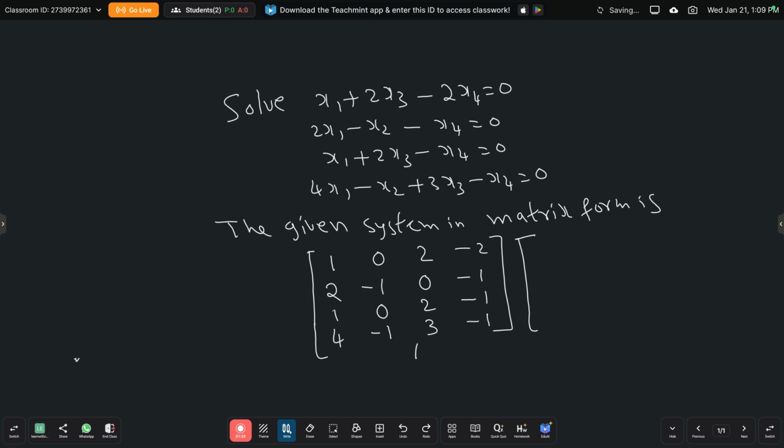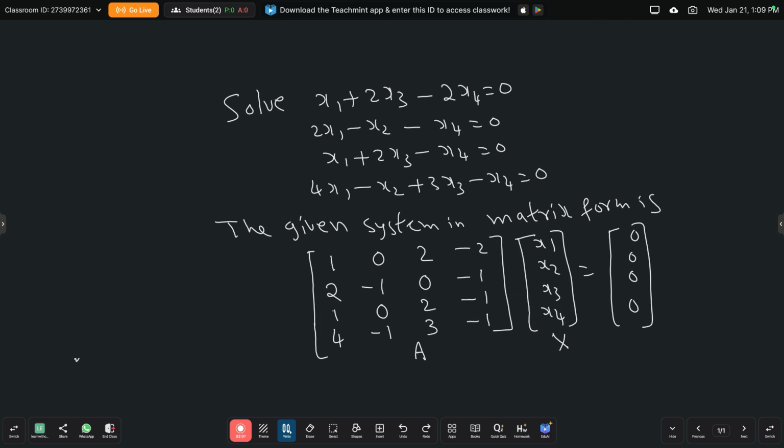So we wrote the coefficient matrix A. Next, the variable matrix: x1, x2, x3, x4 are the variables, so it is denoted with x, and the right hand side is all zeros, so the constant column matrix is 0. So it is a homogeneous system of equations.